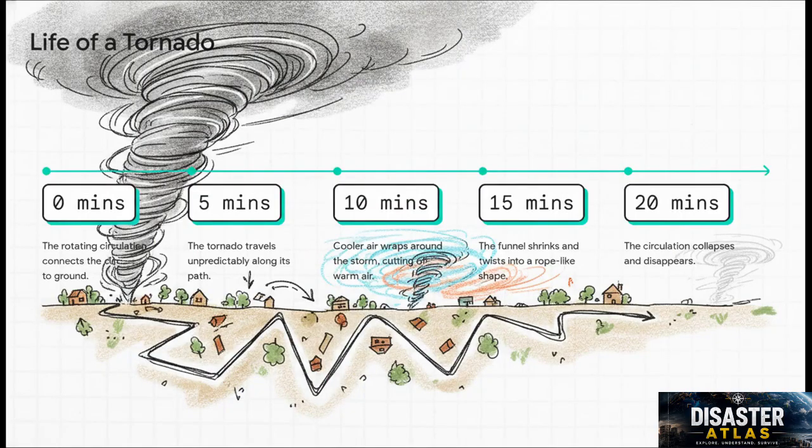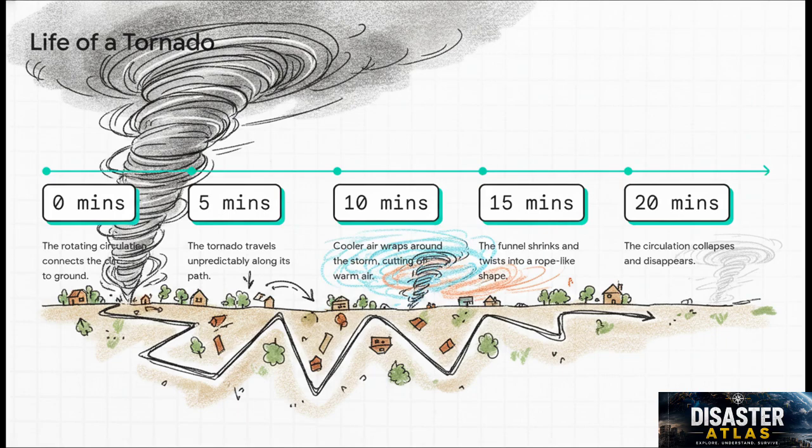A tornado's path on the ground is notoriously unpredictable. Some of them only survive for a few brief minutes, while others can literally carve a continuous path of destruction for well over 100 miles. But they can't survive forever. Eventually, rain-cooled air from the thunderstorm wraps all the way around the vortex, and this effectively chokes off the tornado's supply of warm, moist energy.